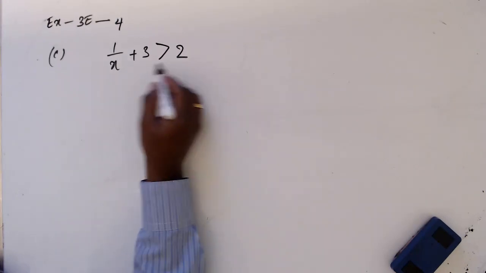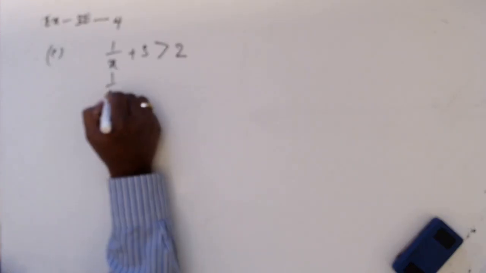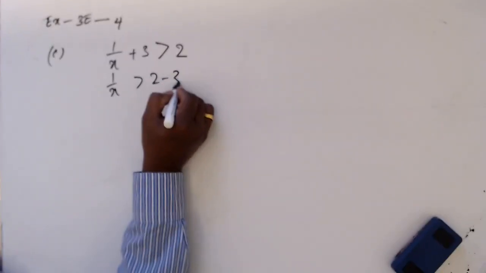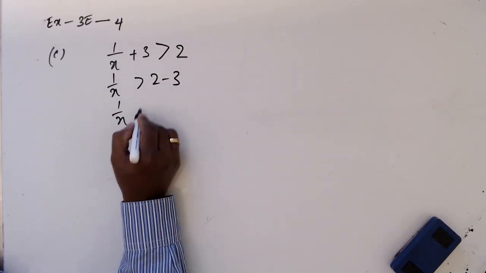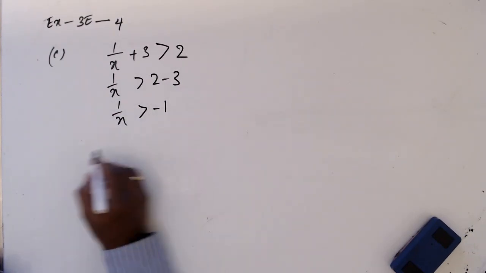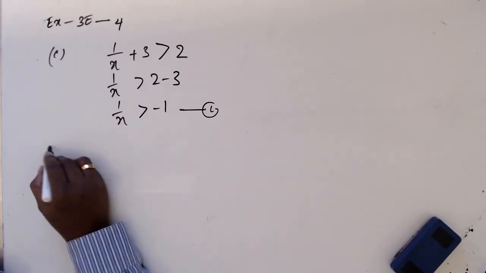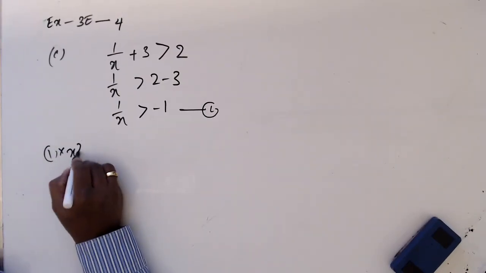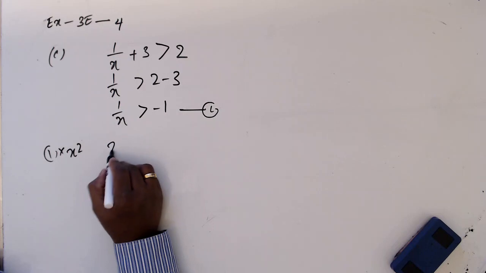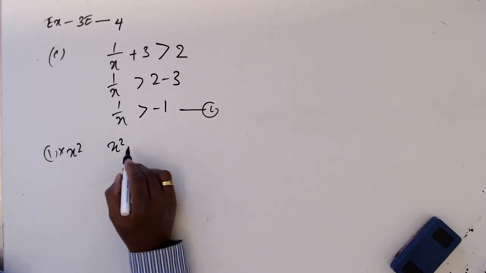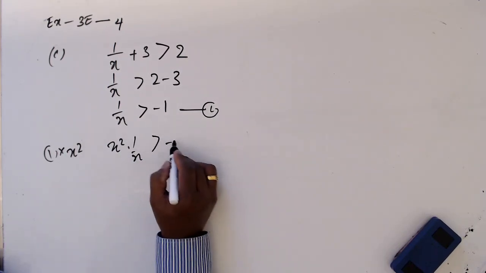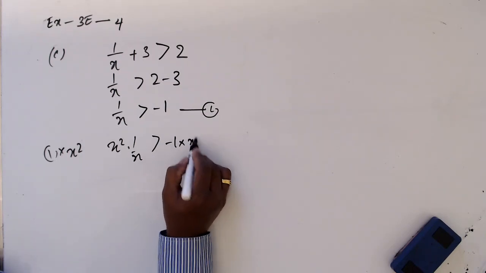Next, the one with 1 over x minus 1, multiplied by x square. So x square times 1 over x minus 1 times x square.